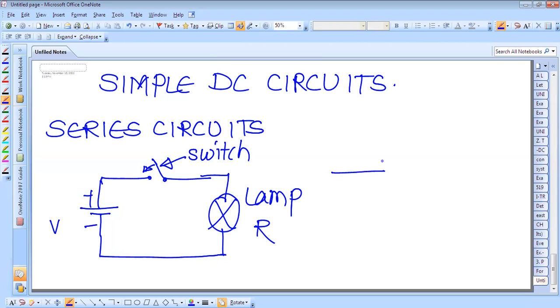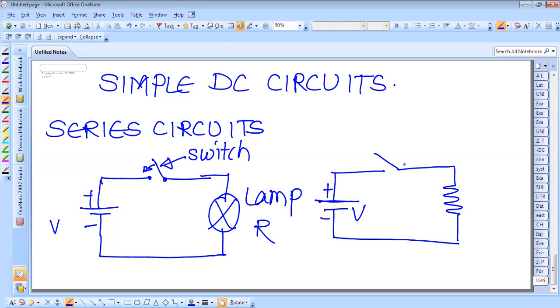This circuit we can also represent like this. If this lamp is having the resistor, therefore, this is a voltage source, and this circuit we can also show like this. The lamp is having some resistor.